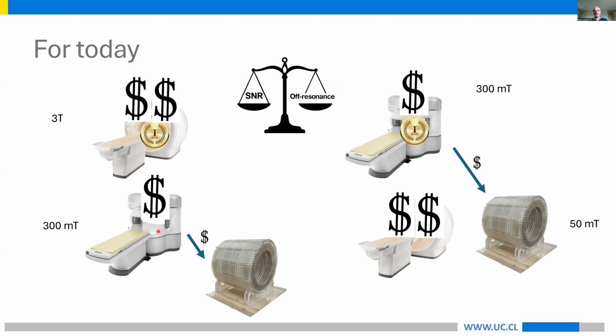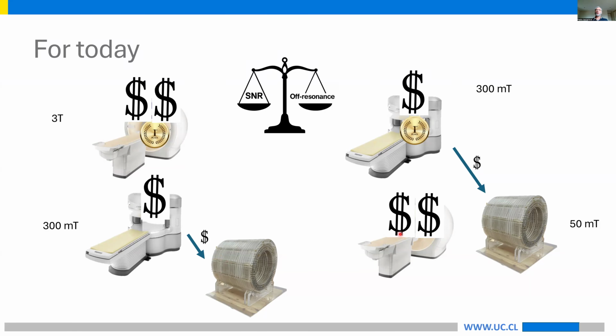Smaller fields are a little less expensive, but still in the order of $1 million or maybe less. So we want to go to these really low cost scanners, and we want to reduce the cost considerably. That's what you're doing in this course. But of course, SNR goes way down when you do this.